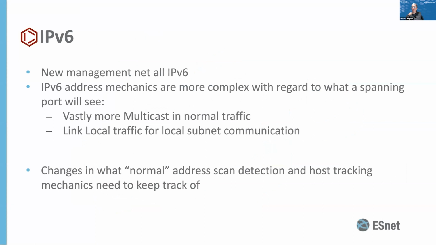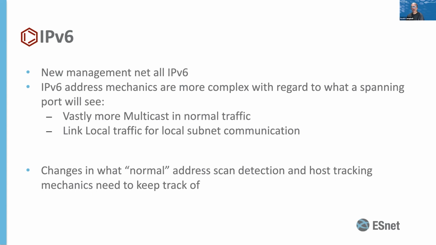And a really fun thing about the management net is it is all IPv6. There is a tiny bit of IPv4 that we couldn't get away from because some older technology does not play well with IPv6, but in as much as we can, everything runs on IPv6, which makes security analytics slightly more complicated because pretty much everybody gets IPv4 really well, but IPv6 has some personality characteristics, a lot more multicast.